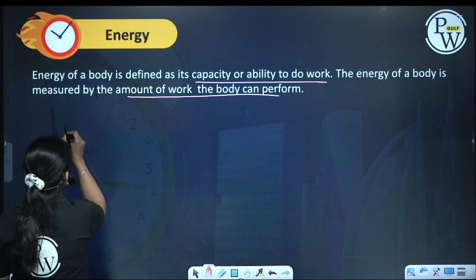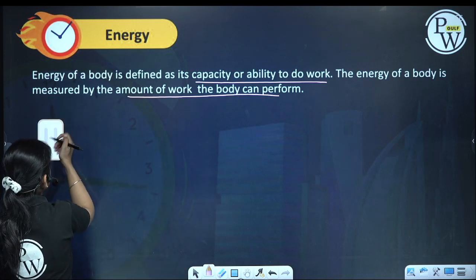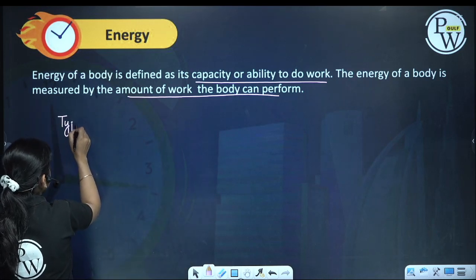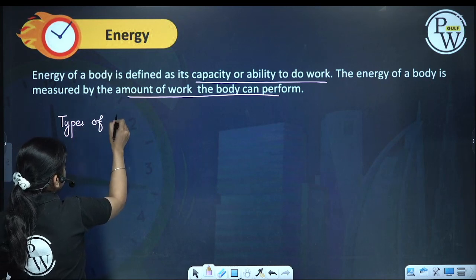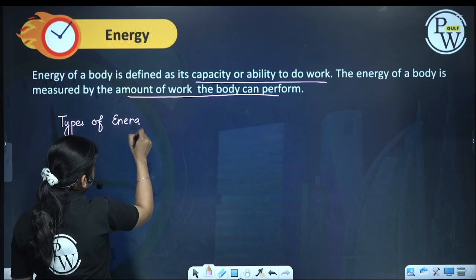Now there are different types of energy. What types of energy can we have?